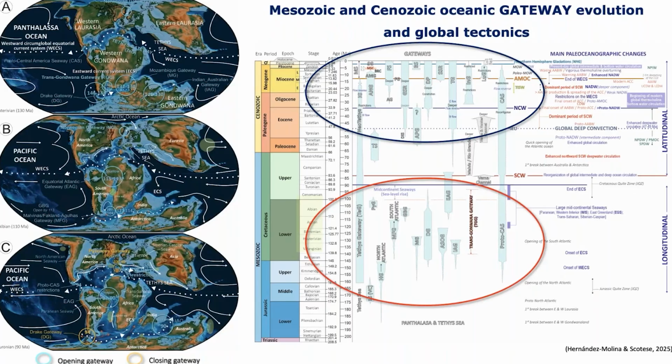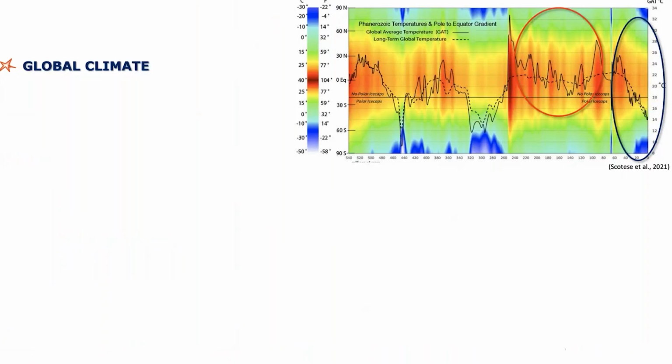And this is very important, not just because, as I said, of the onset of new water masses or changes in stratification. It is very important because it was one of the factors controlling the global climatic conditions on our planet.